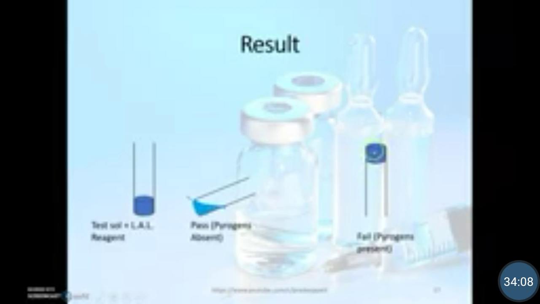But if the solution in the test tube does not flow when we invert it at 180 degrees, that means the gelling has occurred, because pyrogens are present in that particular solution. If we find gelling in the test tube, our test solution fails the pyrogen test. So this is the result of this LAL test.